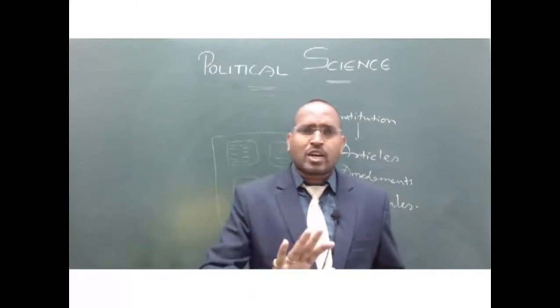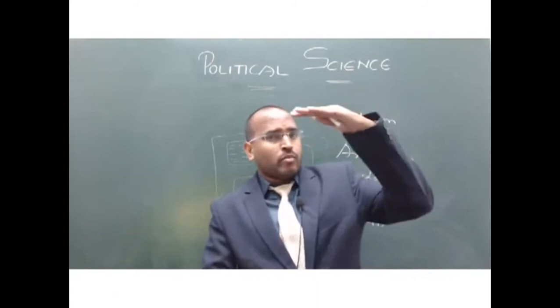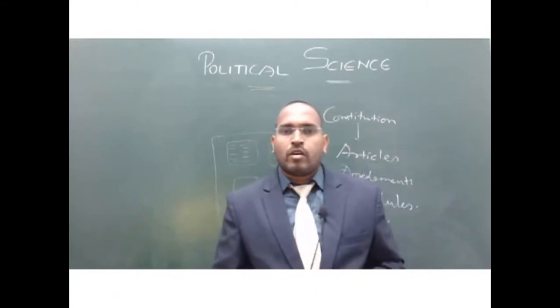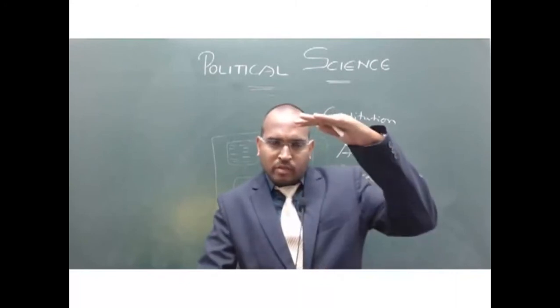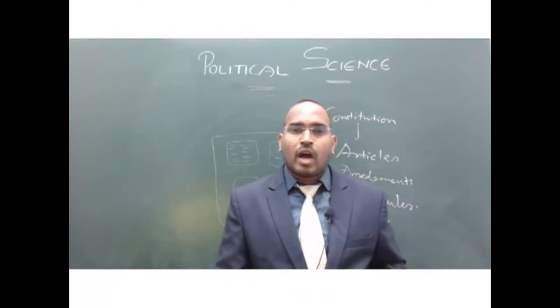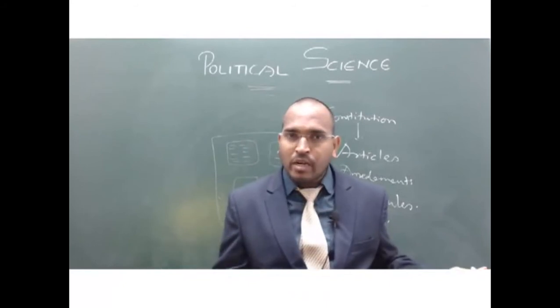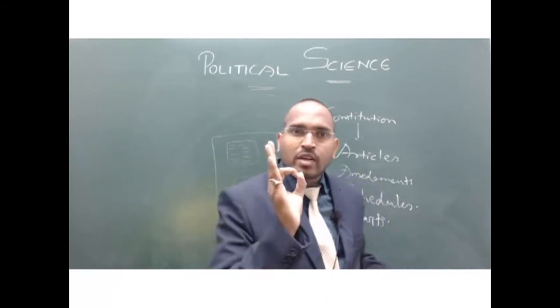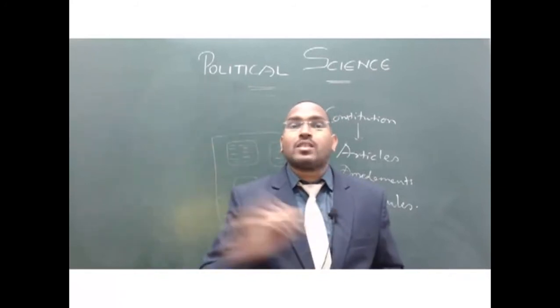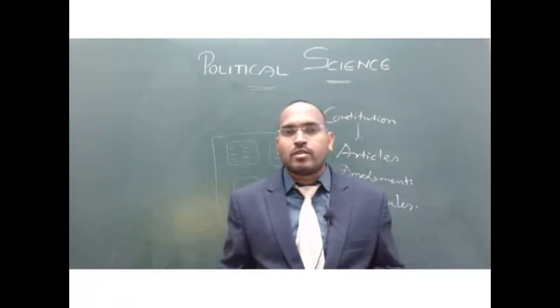For directive principles, I will explain that from this number to this number is about directive principles, and from this number to this number is fundamental duties. After that, I will go into the central government. I won't even touch a single article. It is not at all necessary, but learn the concept.